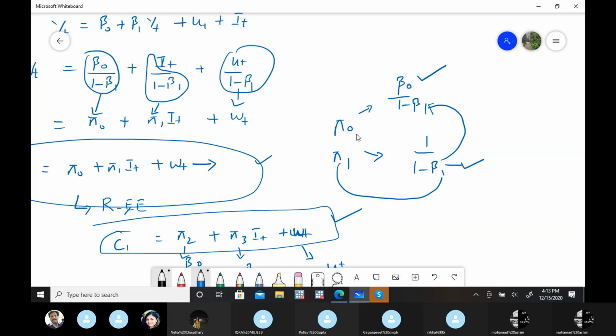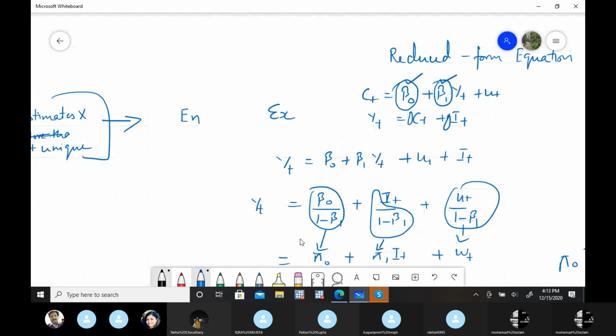And if we put these two values in these two equations, we will get a unique value for beta 0 and beta 1. And that's the purpose, that actually for that we want to run the regression. So that's possible. But in many cases, it's either over identified, exactly, this is the exact case, or unidentified. This is the second problem.